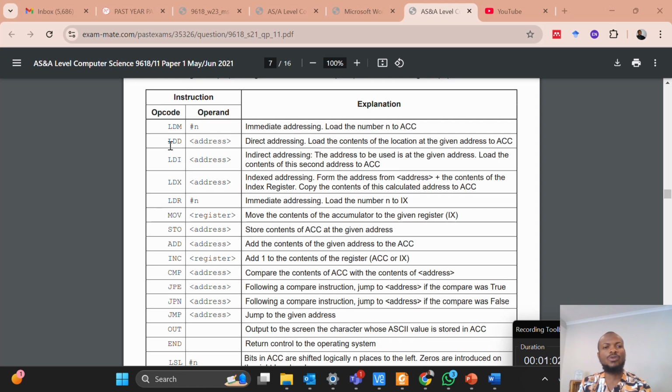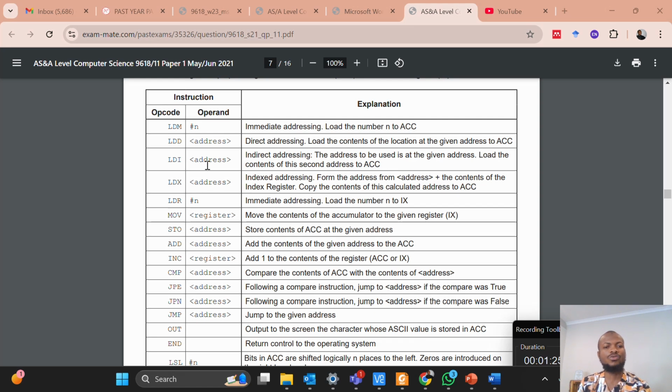For example, LDD 205: if address 205 has value 10, it loads 10 into the accumulator. LDI: the address to be used is at the given address, so this loads the content of the second address to the accumulator.